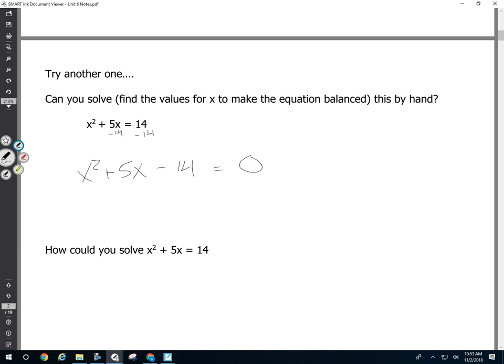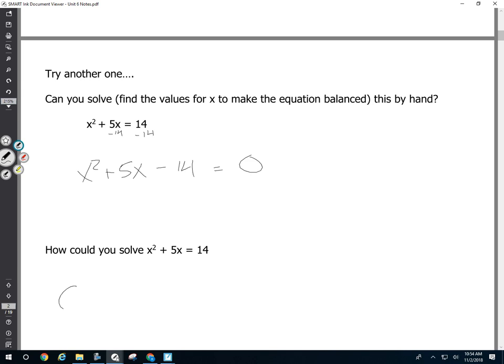Now, when I subtract 14 from the right side and 14 from the left side, I get this. Now, if I had a graphing calculator, I could graph this and look for the zeros, like I saw in the graph of the previous situation. Do we have graphing calculators for this class? No. So we cannot graph this.